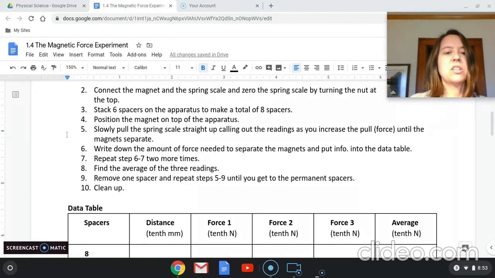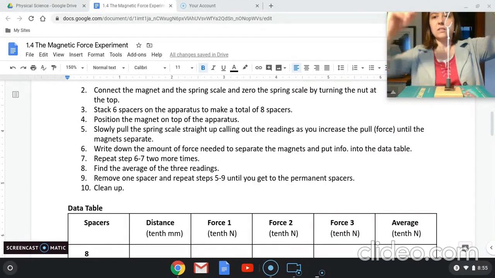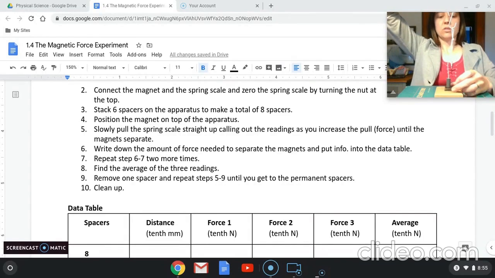And then I'm going to position the magnet on top of the apparatus and slowly pull the spring scale straight up, calling out the readings as you increase the pull or the force until the magnets separate. Okay, so we have our force apparatus, and I'm going to call out the numbers as I pull up. It is 0.5.